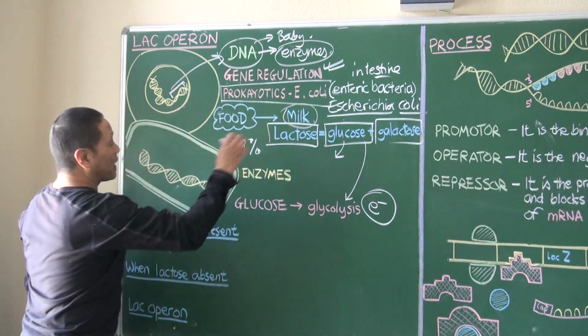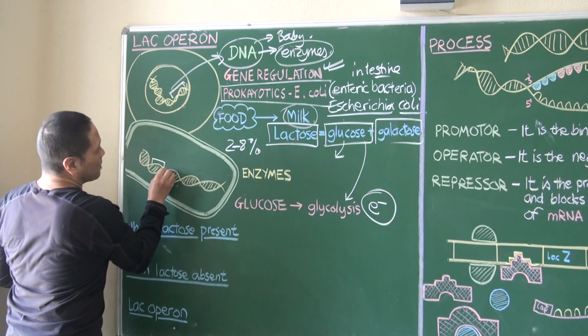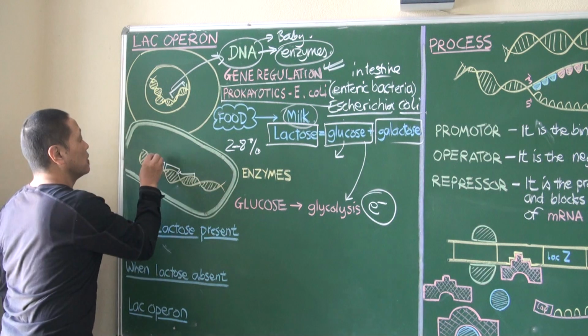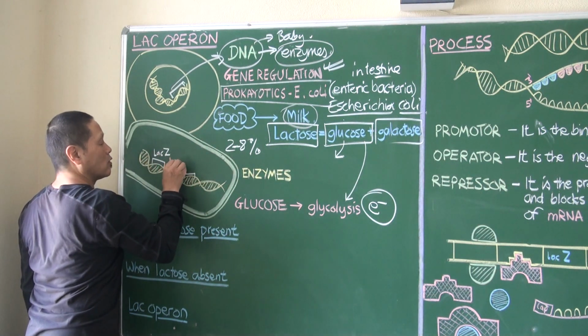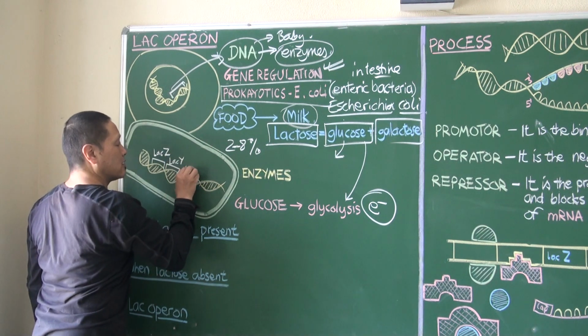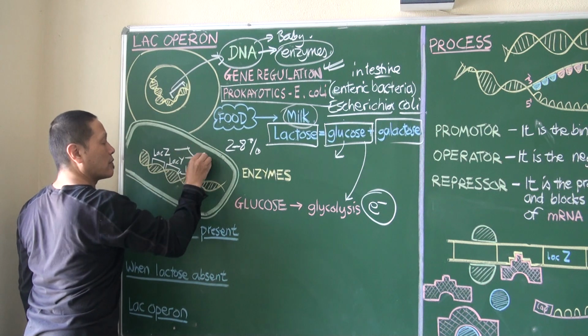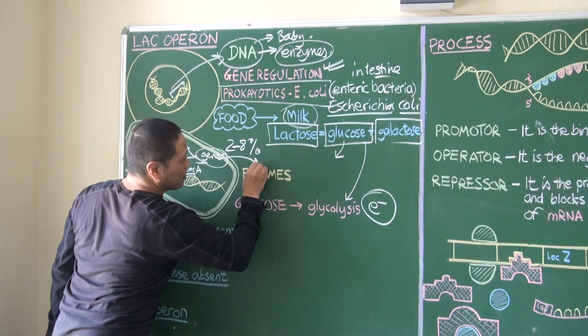Now, the bacteria has a set of codes known as lac Z, lac Y, and lac A. These are the genes that produce an enzyme.